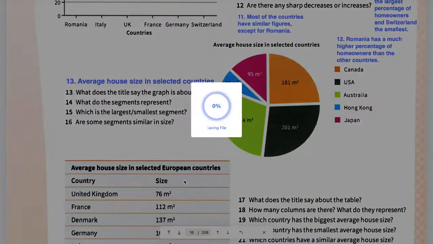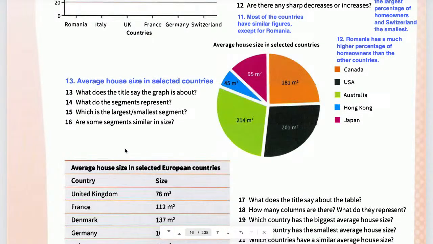Now 14. What do the segments represent? So first of all, tell me what the segments are here. Yeah, the segments are the parts of the pie chart. You can see the orange part, the dark green or black, I don't know, and green and blue, pink segments.